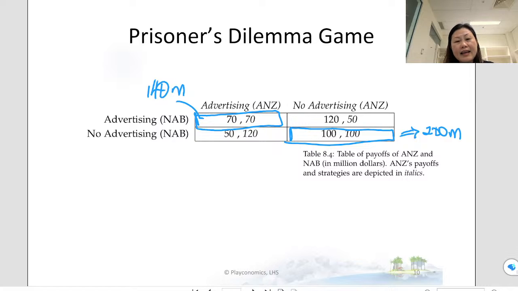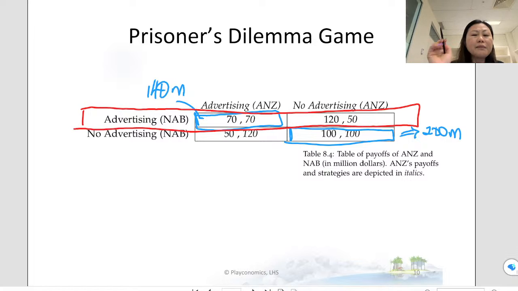Let's see who has a dominant strategy. So let's first look at NAB. If NAB is advertising, ANZ advertising will give them 70 million. ANZ not advertising will give them 50. So 70 greater than 50.